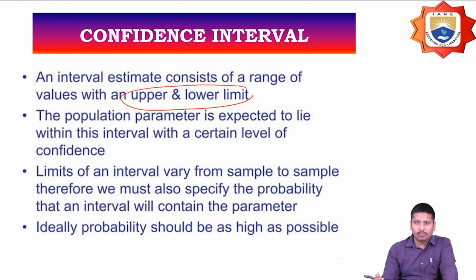Ideally, this probability should be as high as possible. So the interval estimate is the range from the lower limit to the upper limit. The population parameter does not vary; only the limits do.